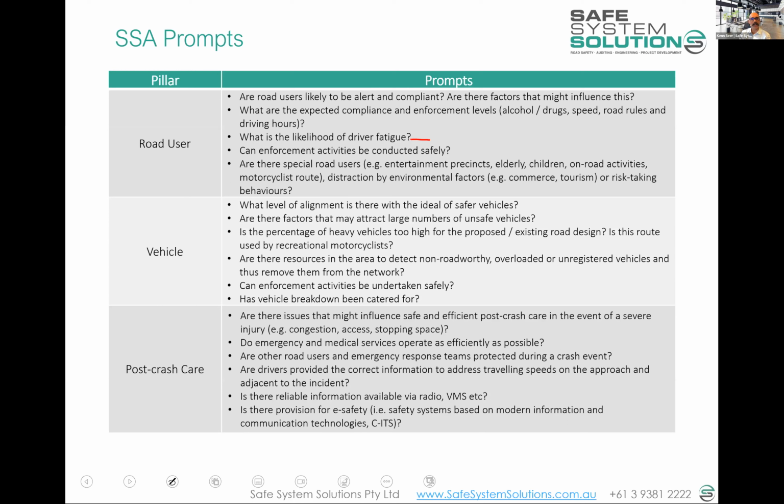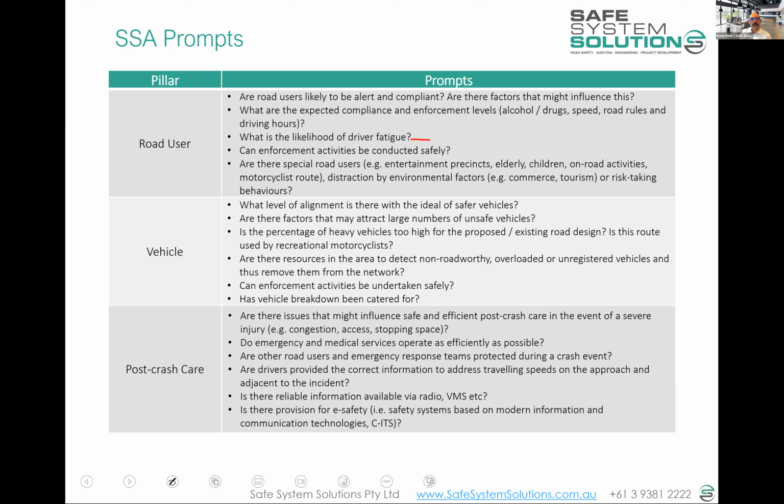What would you need? And then alterations to the design can be included to cater for enforcement activities. Are there special road users? So entertainment precincts, elderly, children, on-road activities, distraction by environmental factors. You know, is there a big pineapple there that will distract everybody, or these sorts of things?